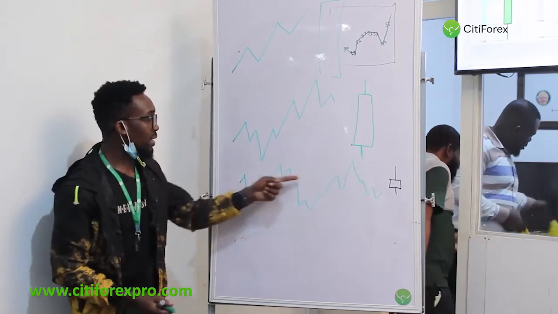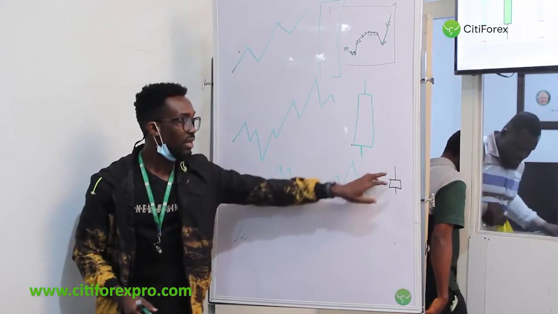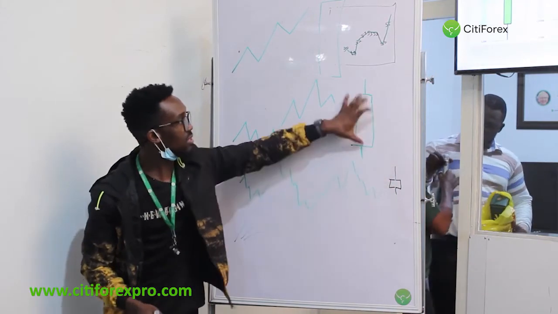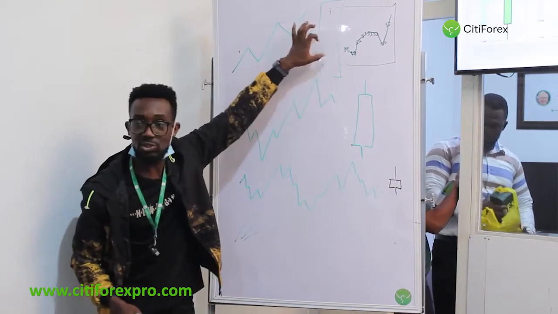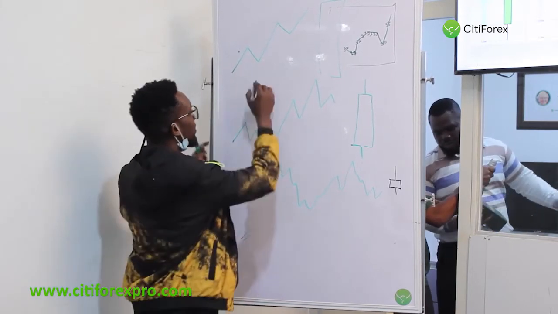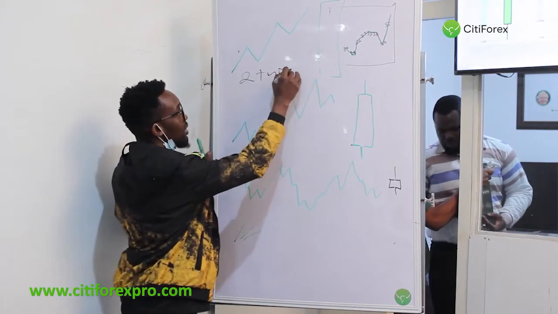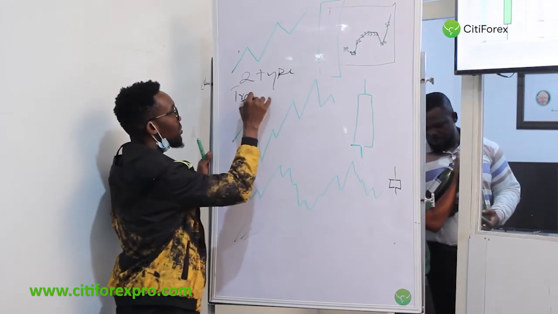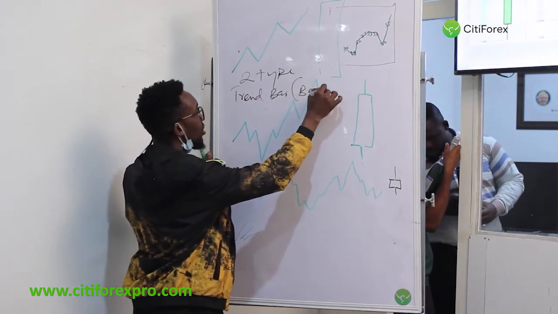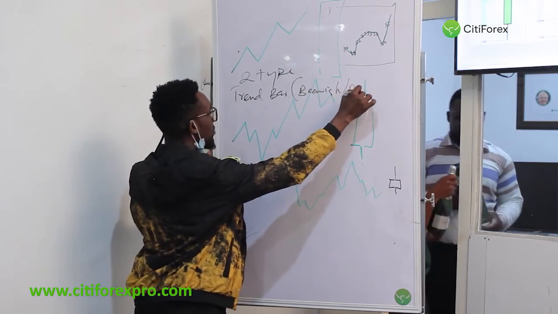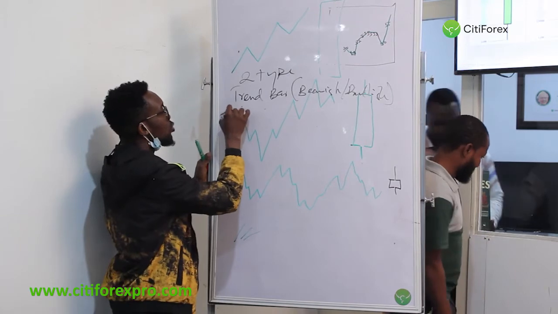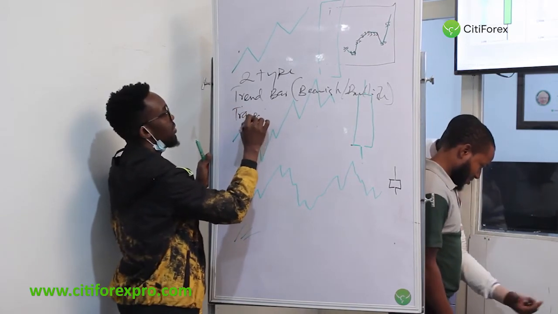Anytime the market is in a trading range like this, the market is just going up throughout that day, and at the end of the day, you don't see a full-bodied candle that is a trend bar. So you're taking home that there are two types of bars. Either the bar is a trend bar, and if it's a trend bar, it's either bearish or bullish, or it is a trading range bar.